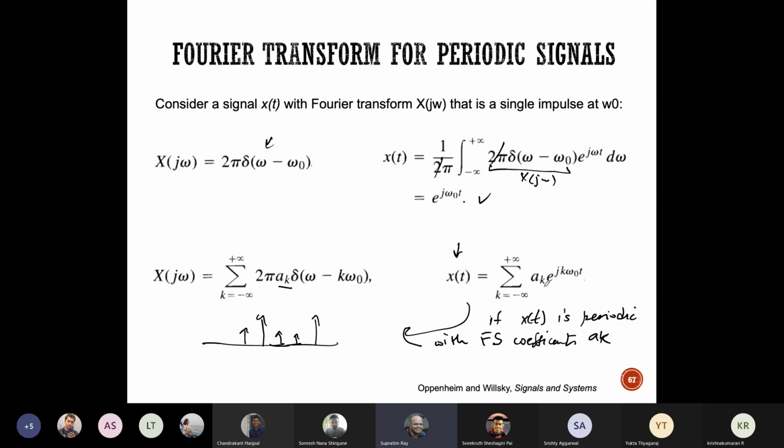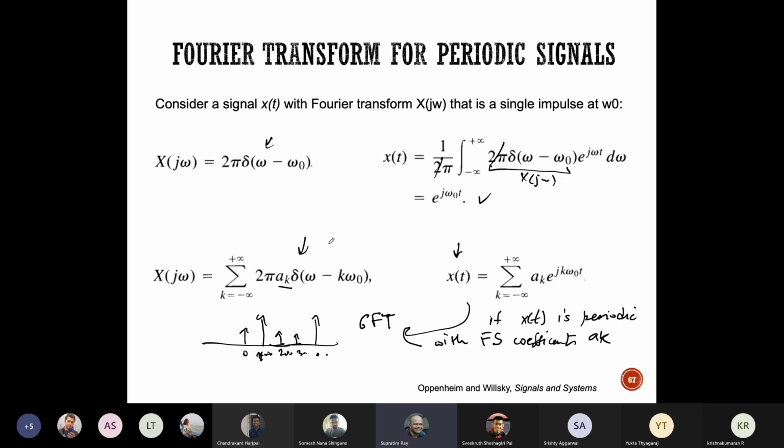This is how you would expand it using Fourier series. Then its generalized Fourier transform is essentially a bunch of delta functions sitting at 0, omega naught, 2 omega naught, 3 omega naught, and so on, whose magnitude is given by a_k. This is the expansion.